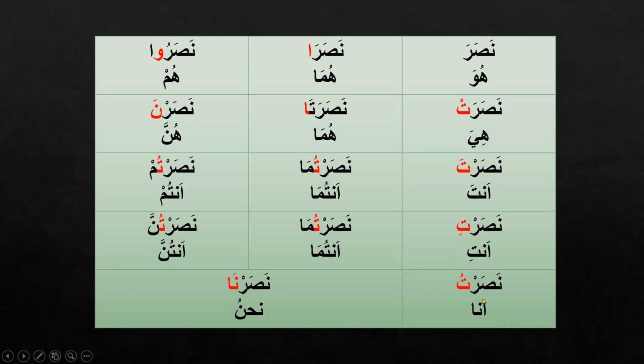So you can see that all the tas have different endings: u, a, e, and u. Sukoon, a, e, and u. So, nasarat, nasarta, nasarti, nasartu.